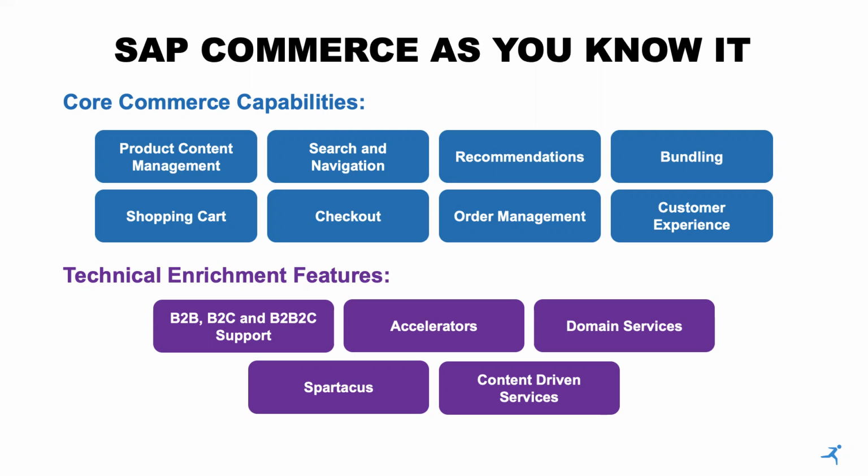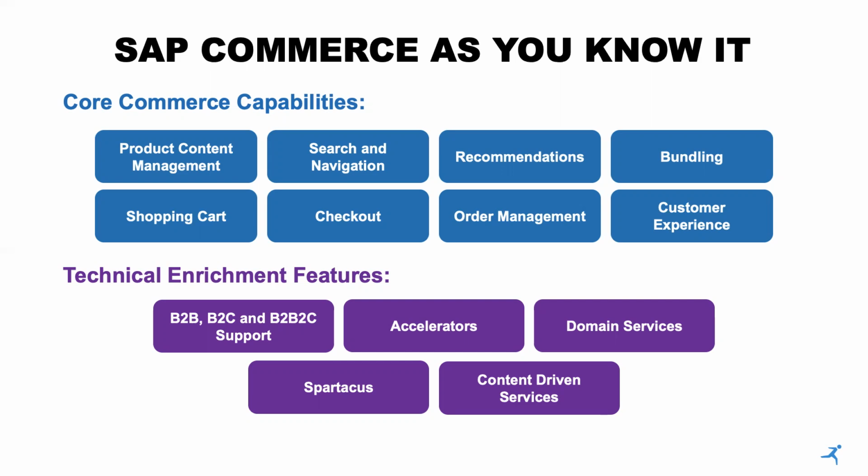By combining the merchandising rules and the bundling capability with context-driven services, understanding the basic customer behavior, browsing behavior, as well as their buying behavior, you could create new bundles and offers that are very relevant to the end customers and could increase the overall average order value based on the offer that you create for them dynamically. So these are some of the key features that are offered by the Commerce Cloud version.